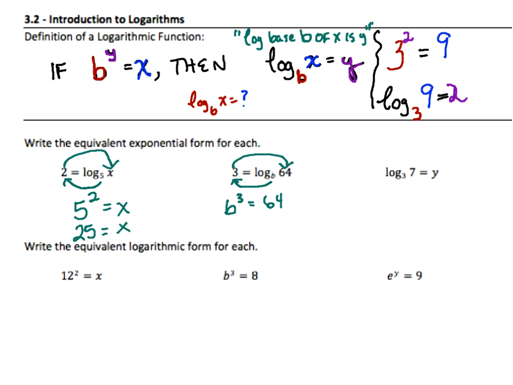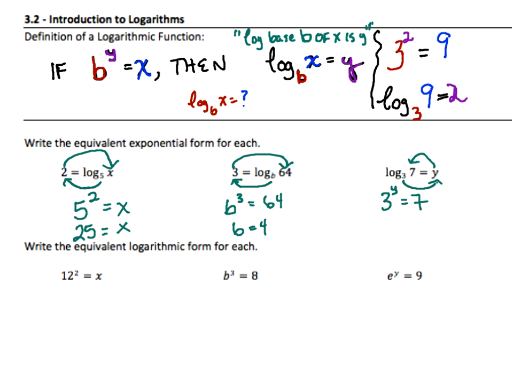Well, if we took the cube root of both sides to solve that, we figure out that b is 4 there. So 4 cubed is 64. All right, this last one, start at the base, raise to the is, equal the of. So 3 to the y is 7.